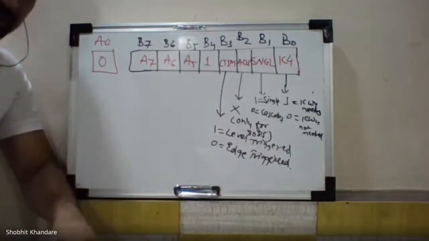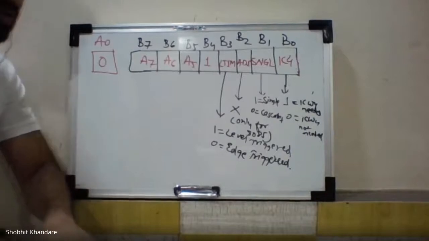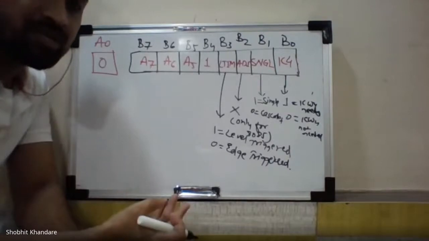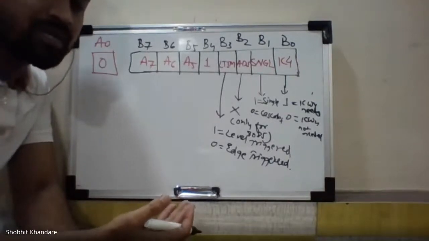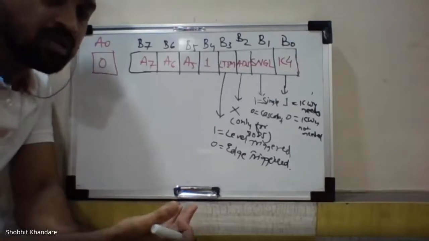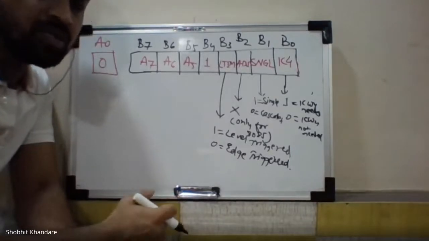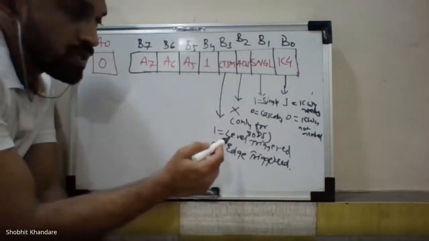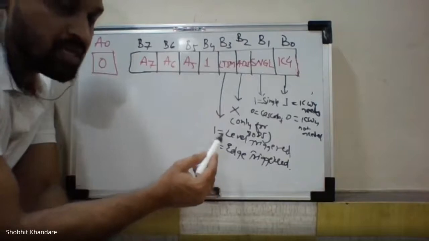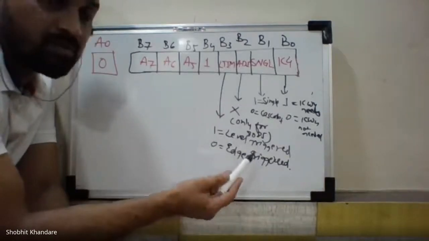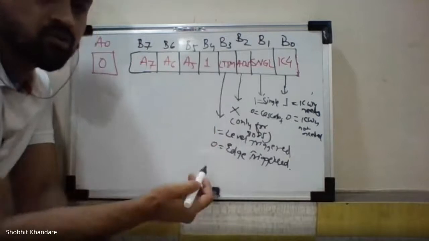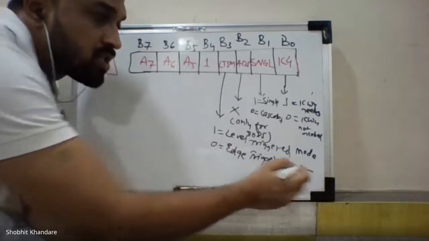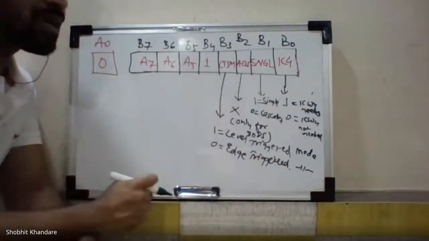Level triggered means either 0 or 1 will interrupt your 8086, or it is edge triggered, that is, while transition from 0 to 1 or 1 to 0. Depending upon the type of interrupt, edge or level triggered, that bit will be 1 or 0. So this is about LTIM.